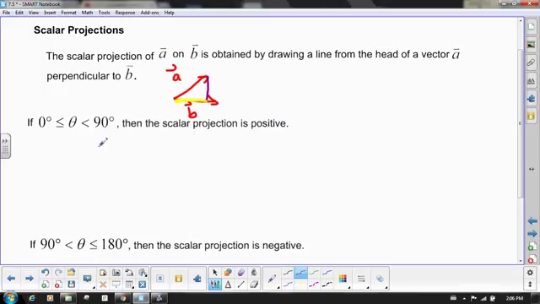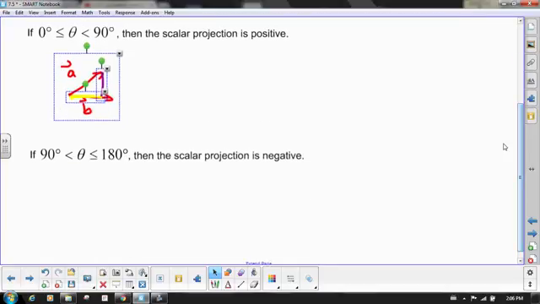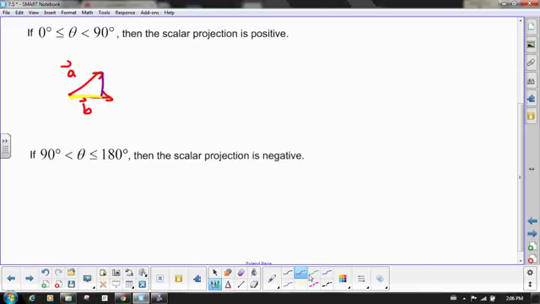Now, if the angle between them is less than 90, the projection is positive. You can see in this diagram it's positive. It's going along vector B. But if we have an angle that is more than 90 degrees and less than 180, so if I have vector A here and vector B this way, I have an obtuse angle in between them.